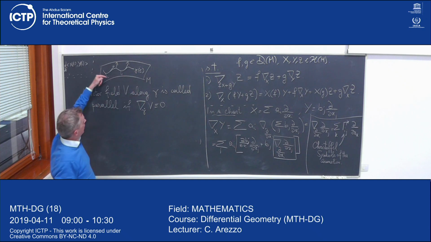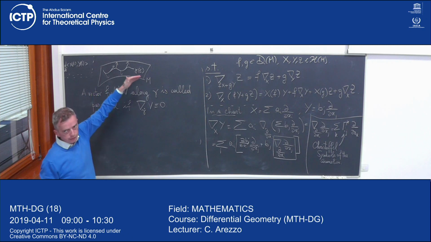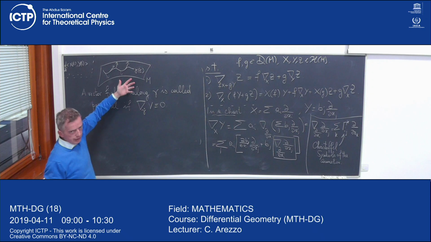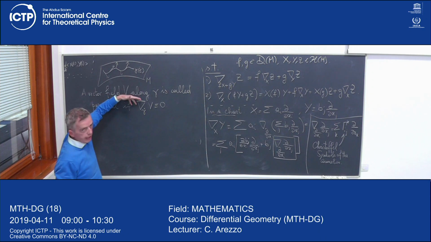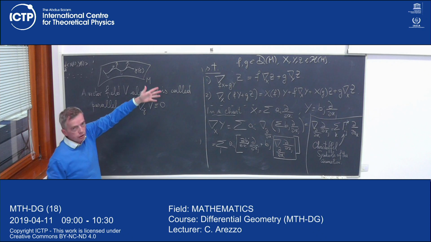Here I want to formalize the notion of a vector field which is constant along a curve. The only thing I can really do is produce the tangent vector field, and now I have a notion of derivative.